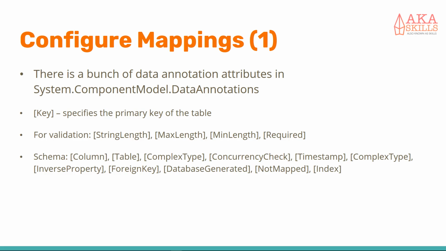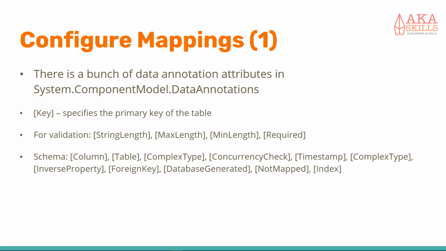For schema, we got Column, Table, ComplexType, ConcurrencyCheck, Timestamp, InverseProperty, ForeignKey, DatabaseGenerated, NotMapped, and Index. So you can see that we got quite a lot of attributes, and you can Google them and see what's the purpose of all of them.